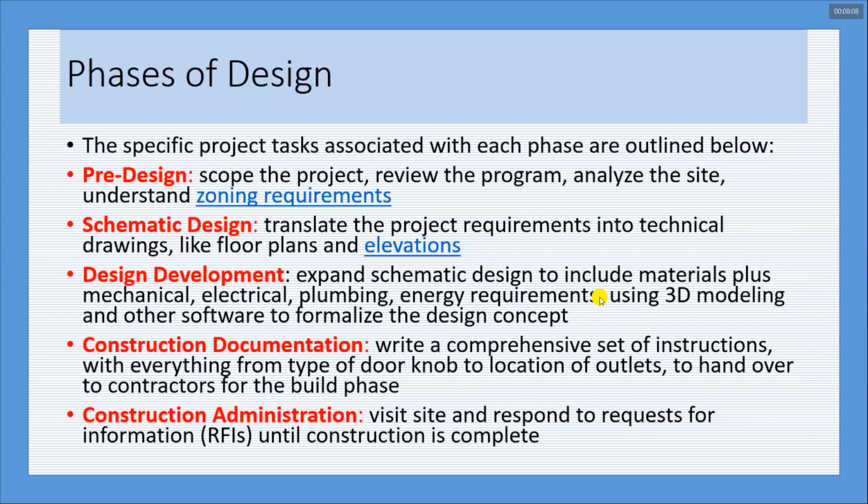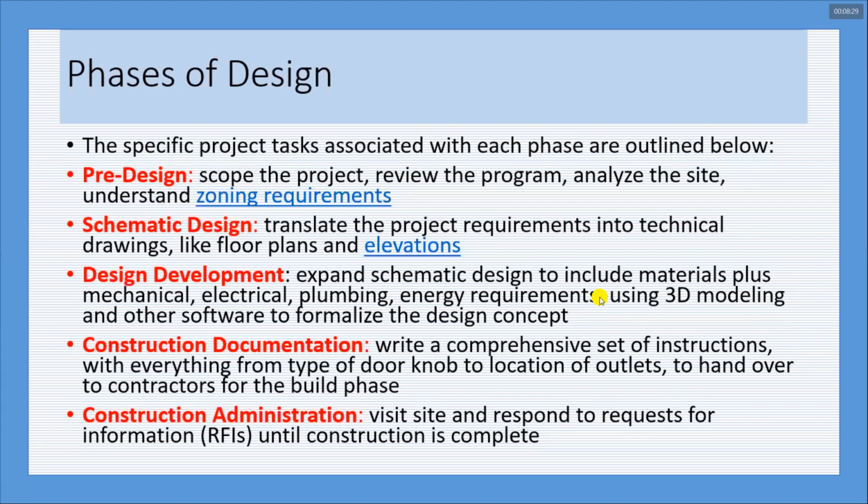In this phase, all the building services, materials, and techniques are collaborated with the design, and ultimately we sometimes use 3D modeling and software simulation processes to formulate our proposed design concept.